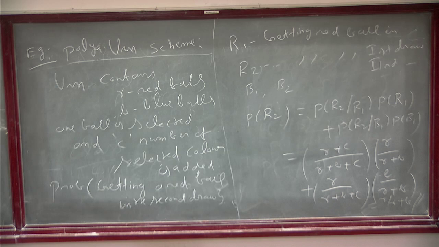B is that the sum of the 2 throws is even. You will think that these 2 are not independent, because if the first one is even, then there are only 3 choices. Initially, the sum is even means there are 6 choices: odd and odd, even and even. But once the first is even, it's only even.